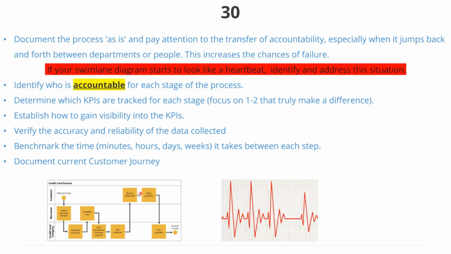So you can invest all the money in the world in these stages, but if this one is not being adjusted and sped up, there will be a waste of money increasing efficiency here, right?